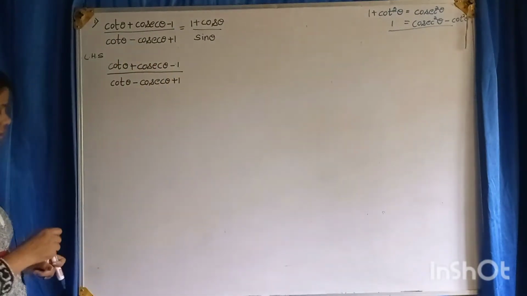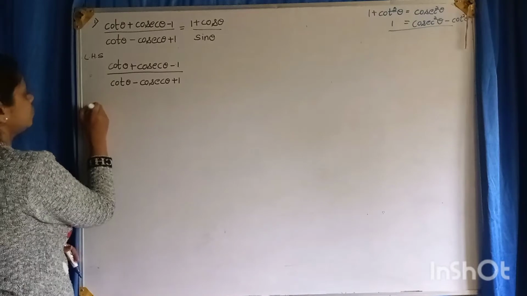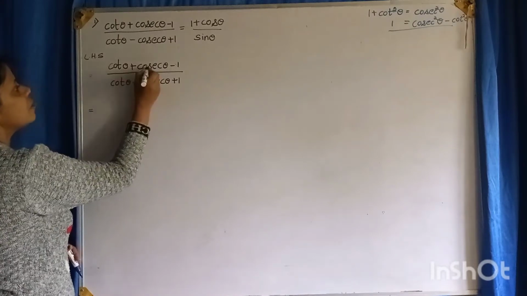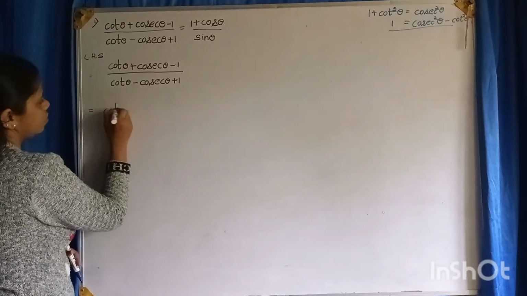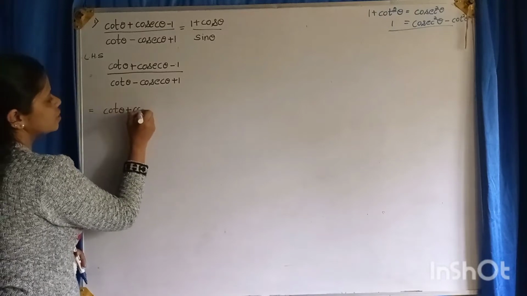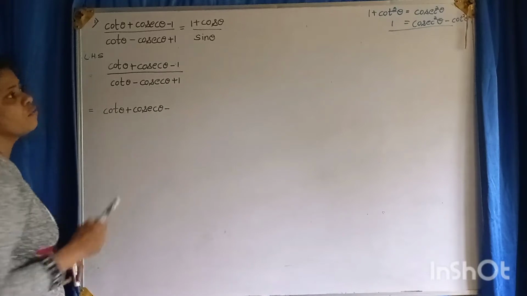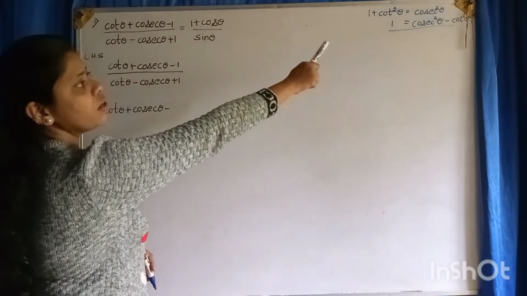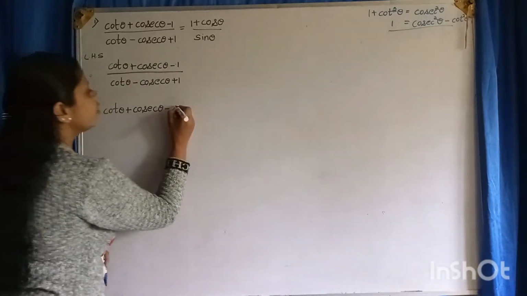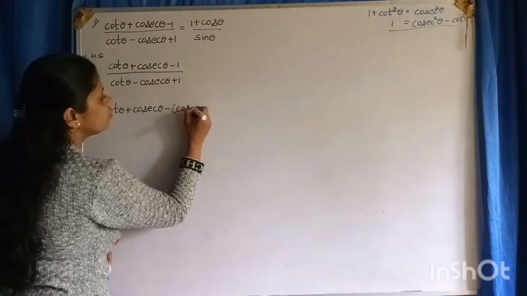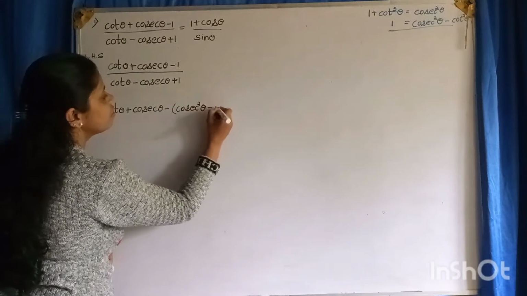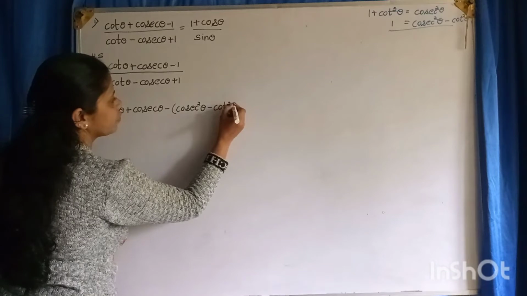Okay. That is cot theta plus cosecant theta minus 1. 1 means what? Cosecant square theta minus cot square theta.